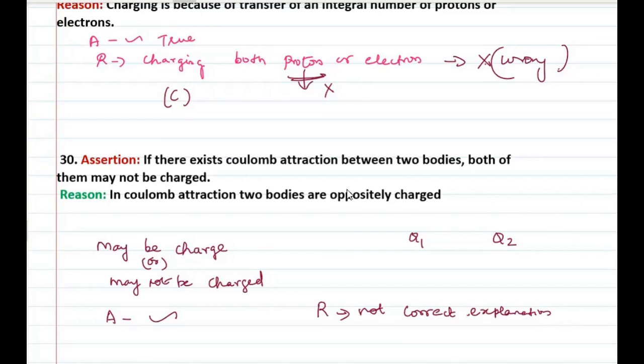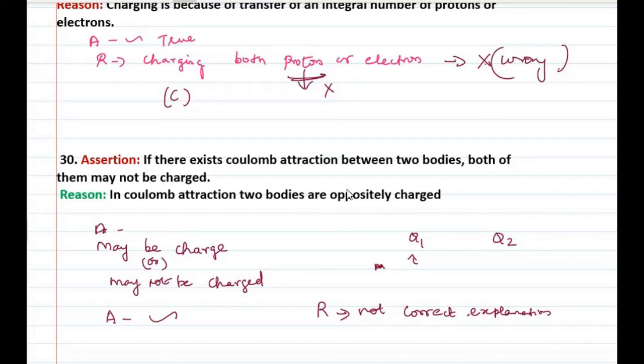So the assertion is correct: in an attraction, both bodies may not be charged. In the reason, they are given that in Coulomb attraction, two bodies are oppositely charged. But one body may be charged, or may not be. It is not compulsory that both are oppositely charged.